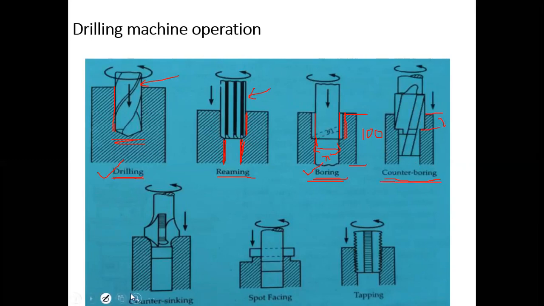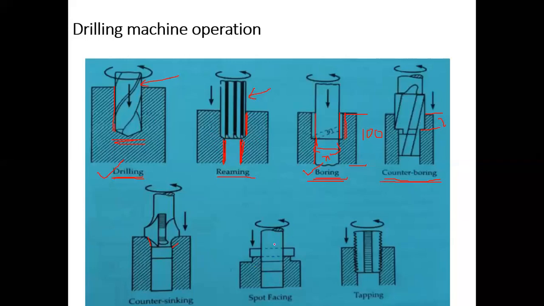Similarly, counter sinking. In counter boring, we are enlarging the hole into a cylindrical shape. But in counter sinking, we are not enlarging the hole in a cylindrical shape. Instead of that, we are making a tapered hole. That is called counter sinking. And then spot facing is nothing but clearing the surface around the hole.